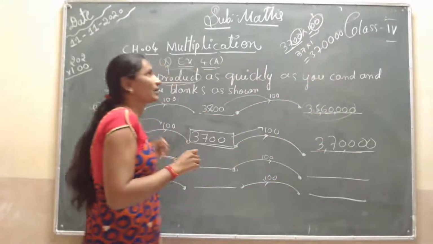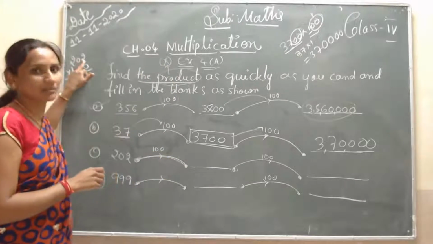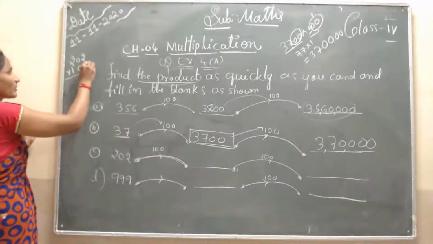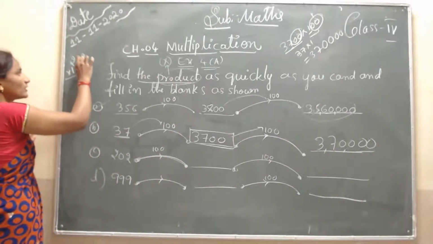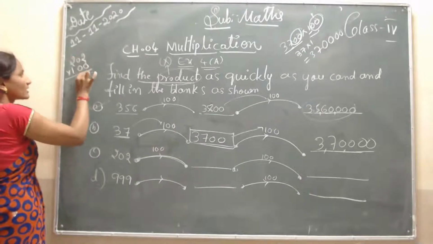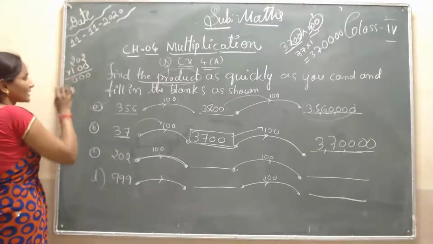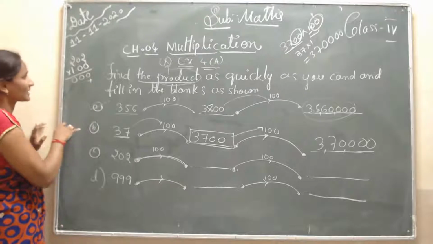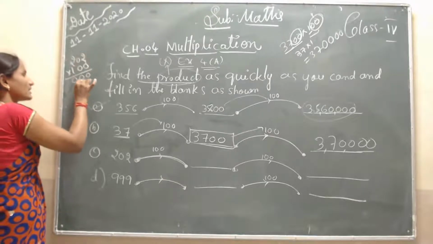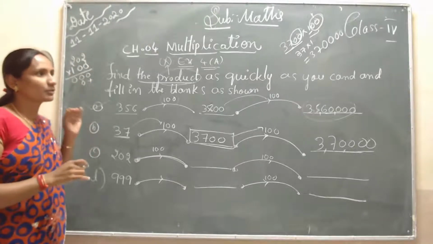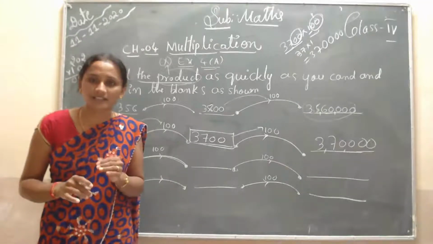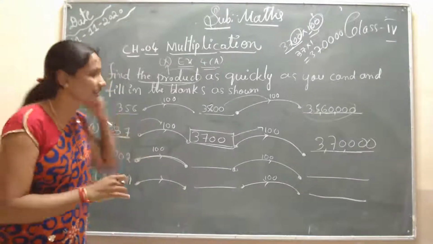But here, can you observe the unit place has a number? The unit place having a number means you have to do the multiplication method. 2 into 0, 0. So first you have to write the plus. 0 into 2, 0. Now you know that when you multiply any number by 0, the answer will be 0.